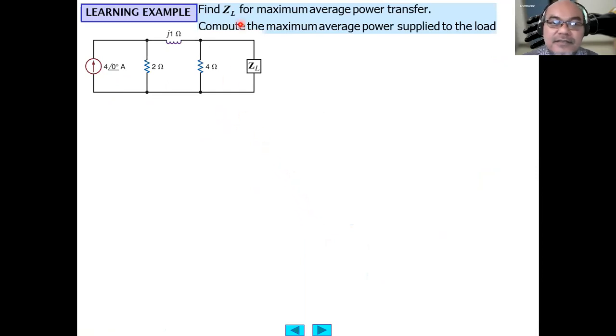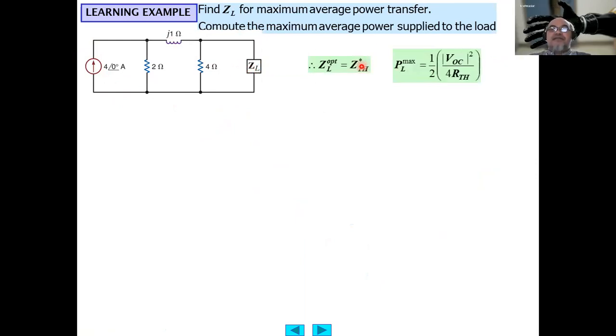Okay, let's learn from some problem here. Find the ZL, the impedance of the load, for maximum average power transfer from the left part to this load. Compute the maximum average power supplied to the load.